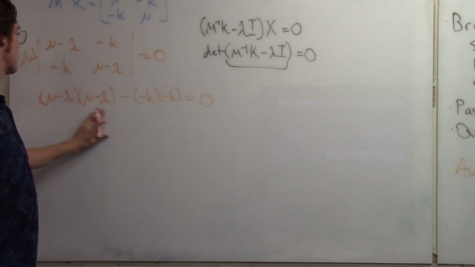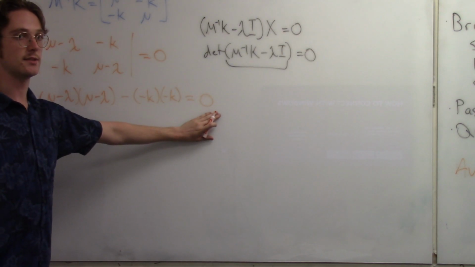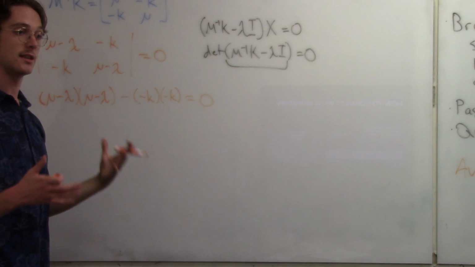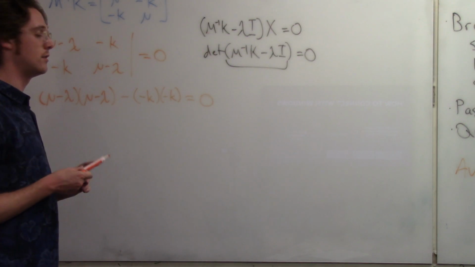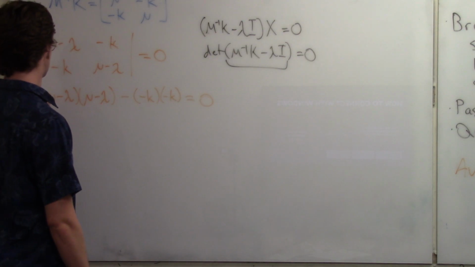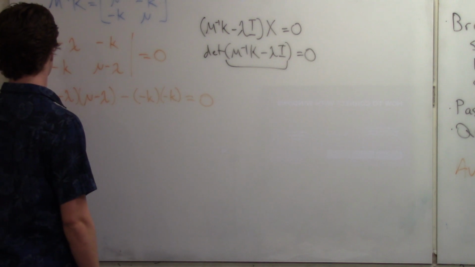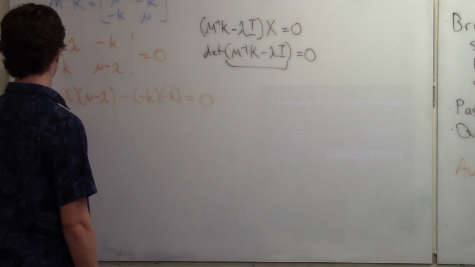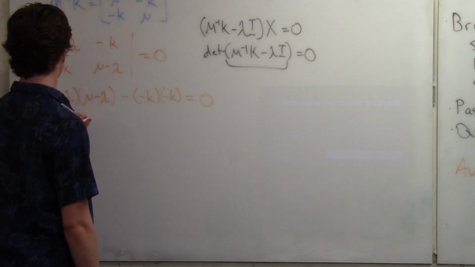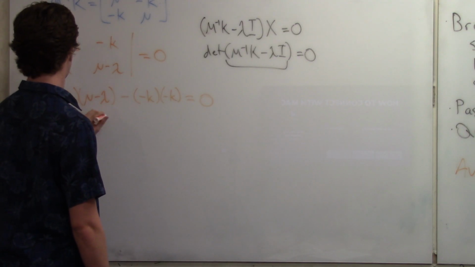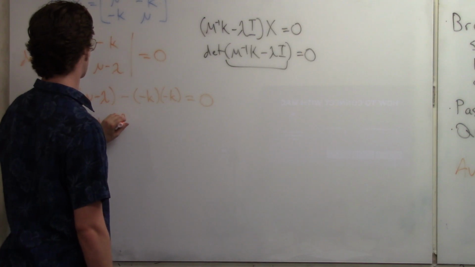So now we've got one expression like this. It's out of matrix form. We're going to try and make this into a polynomial in terms of lambda. So FOIL: mu squared minus 2 lambda mu plus lambda squared.